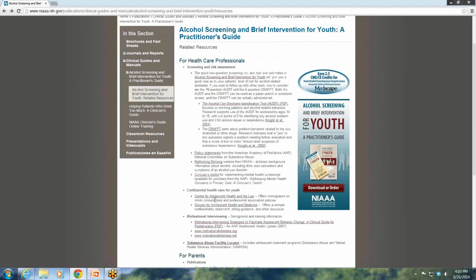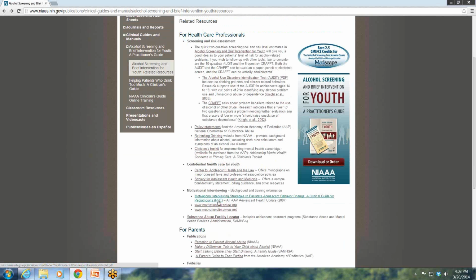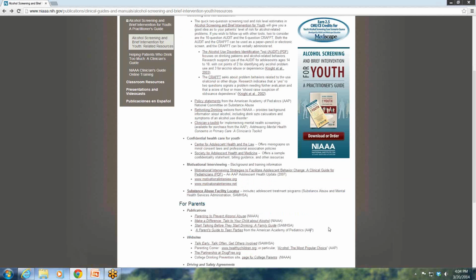There's a discussion of confidentiality as it relates to healthcare for youth, and this can be very important if you're working with youth in any setting, not just the healthcare setting. There's a little section on motivational interviewing as it applies to youth. And down below here, there's also a substance abuse facility locator that can be useful if you are making referrals to treatment for adolescents. You need to know about an adolescent program in your area.